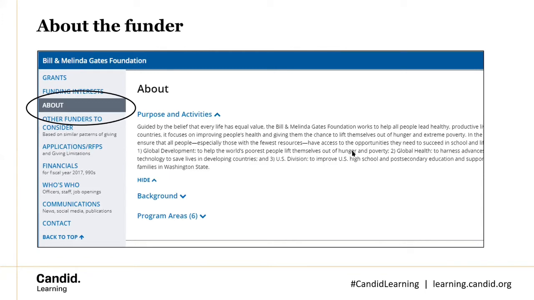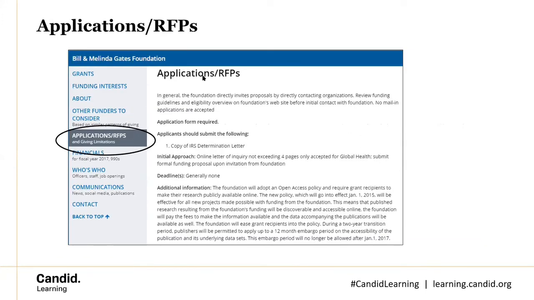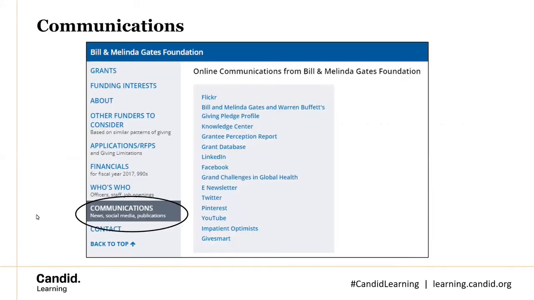How do I apply to them for a grant? Many funders will be very, very specific in their application process. Communications is also here. For those of you who are really good with social media, this is going to tell you how the foundation communicates with the rest of the world through the use of social media.